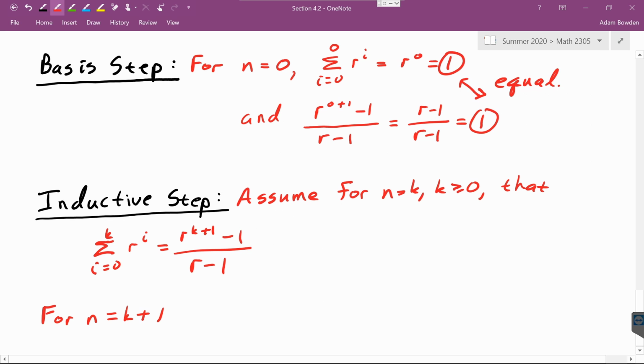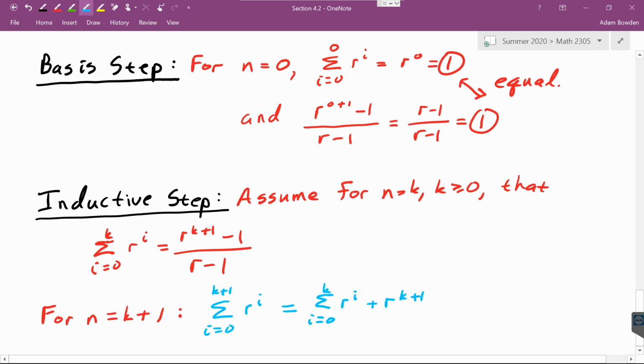So for n equals k plus 1, we're going to be looking now at the summation i equals 0 to k plus 1 of r to the i. So we can rewrite this as the summation i equals 0 to k of r to the i plus r to the k plus 1.